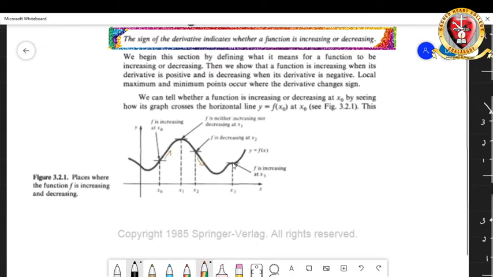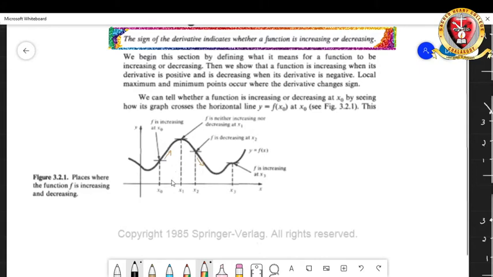And this point will be f of x3. At x0, if we draw a horizontal line parallel to the x-axis, the function is cutting it here and then it is moving up, right? Below this line, the function is like this and it is moving up. That means here the function is increasing at x0, okay?